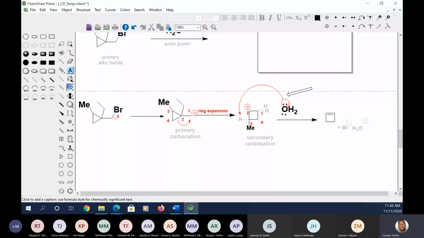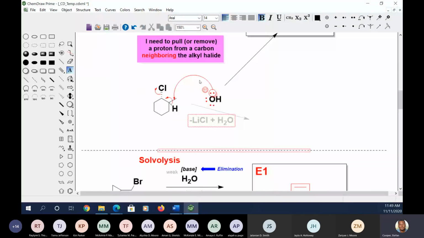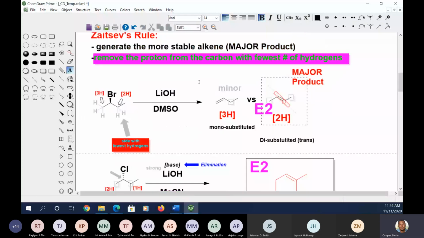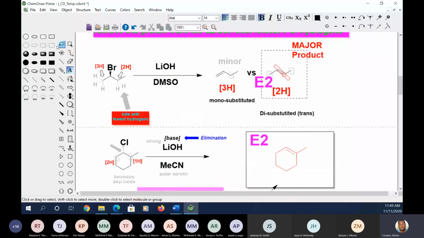This is Zaitsev's rule, right? What does Zaitsev's rule tell me? Let me get the spelling right of that. Zaitsev's rule says I need to form the major product, right? And how do I do that? I need to form the more stable alkene. So if I pull from the side that has the fewest number of hydrogens, that's going to help out. All right.